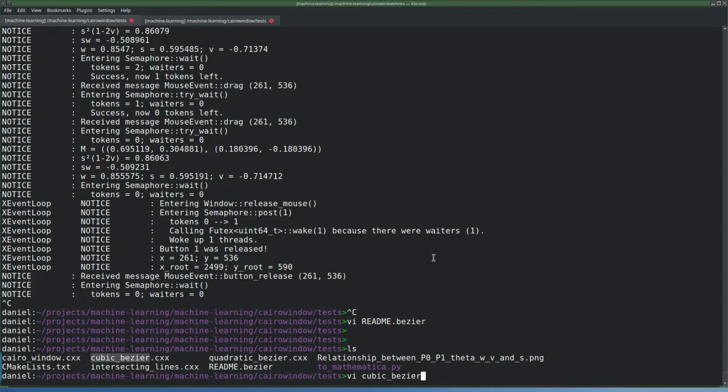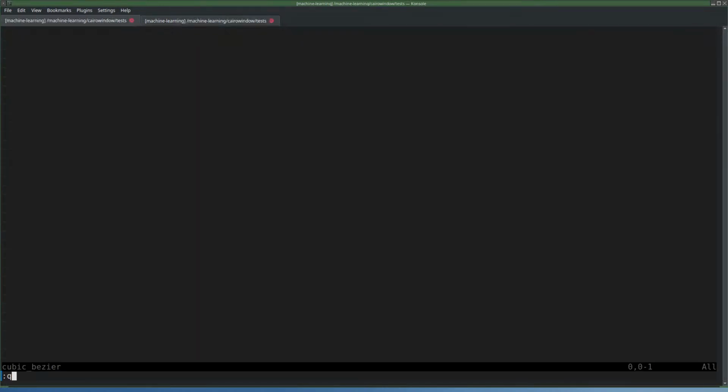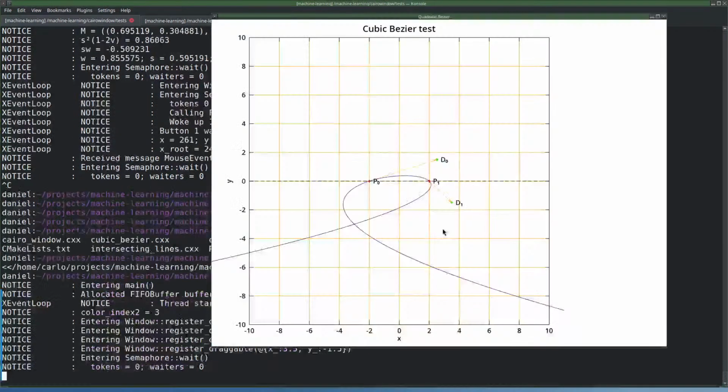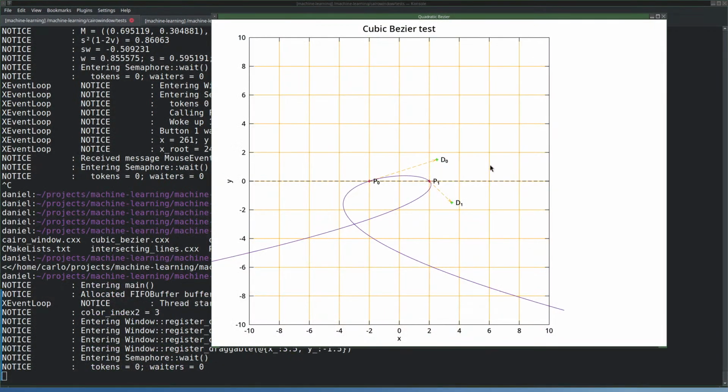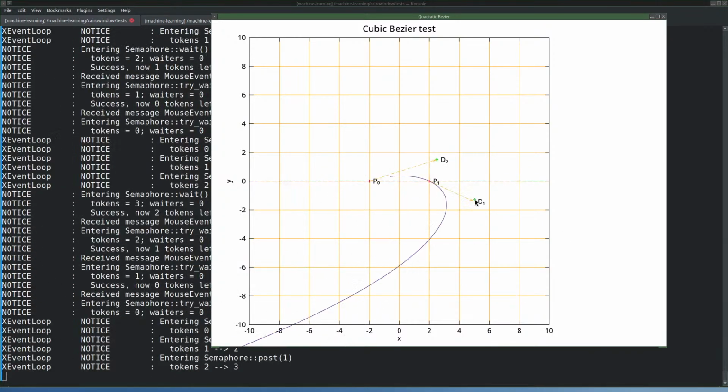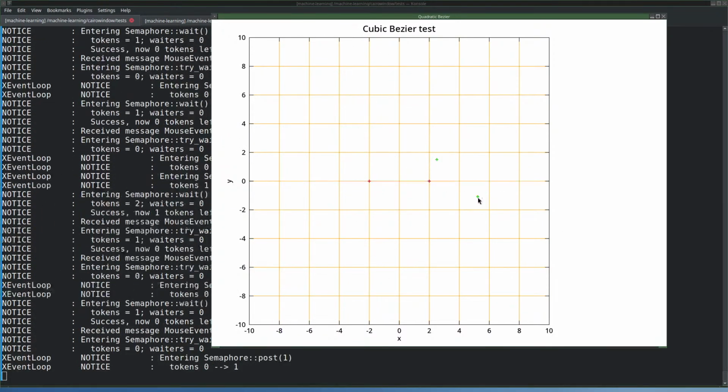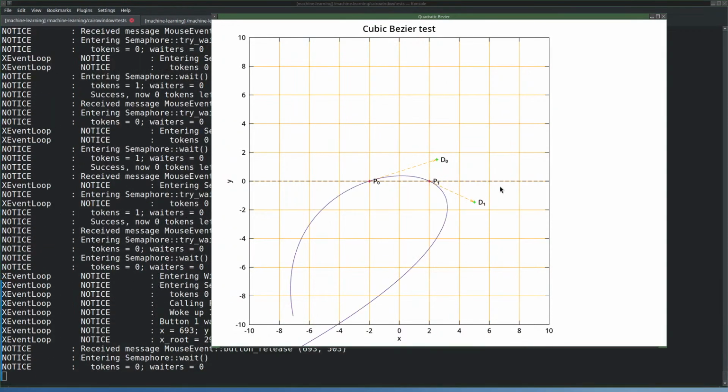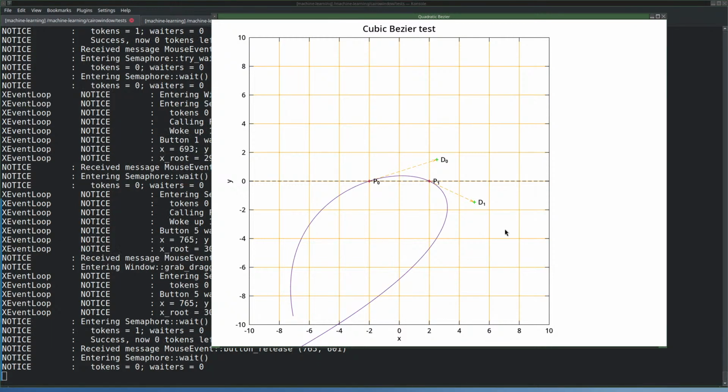So instead of having D1 and a cubic Bezier, I want now to have another point here called P gamma, and then we can leave this, I guess, but then I want to draw a quadratic Bezier through P gamma, which you can drag around, such that it goes through P gamma, through P1, through P0, and the tangent is equal to D0.